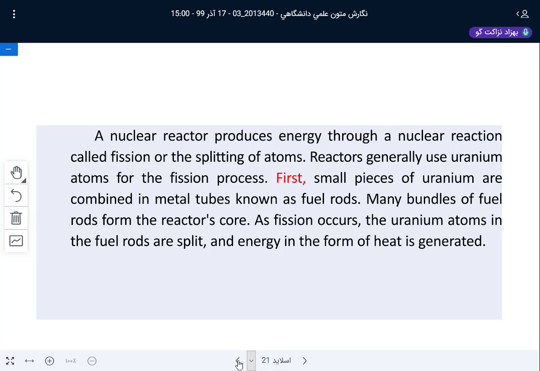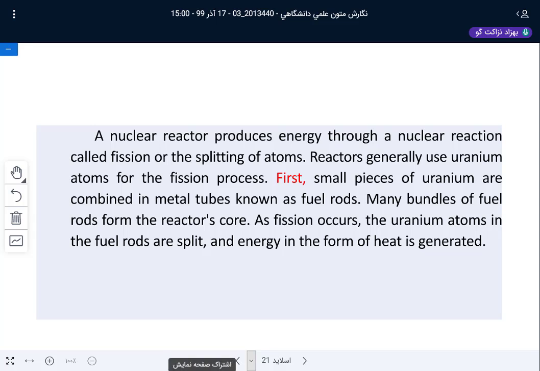So we talked about fission or splitting of atoms, but how does it work? Reactors generally use uranium for this process. How? First, small pieces of uranium are combined in metal tubes known as fuel rods.